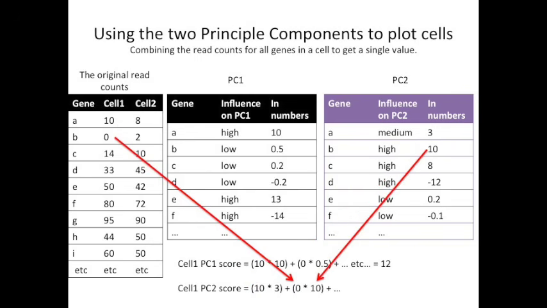We add to that the read counts for gene B multiplied by the influence that gene B has on principal component number 2. In this case, that's 0 times 10. And we just do that for every single gene again, and we end up with a score for principal component number 2, and in this case, that might equal 6.